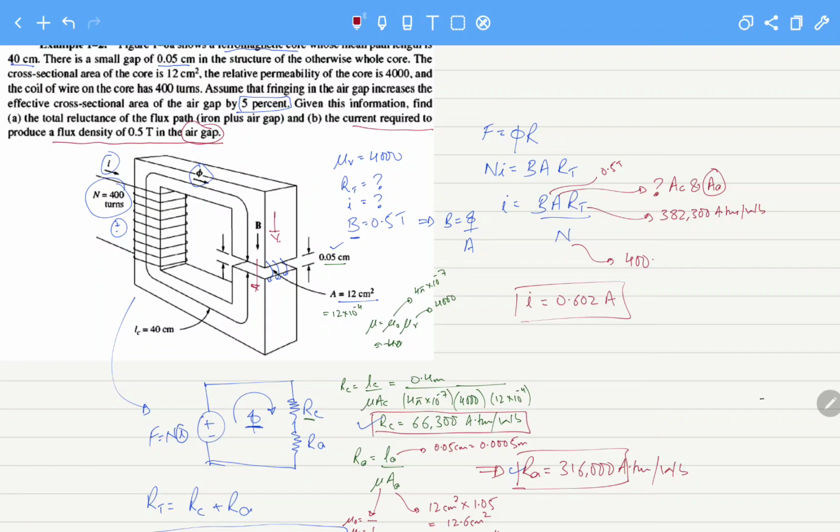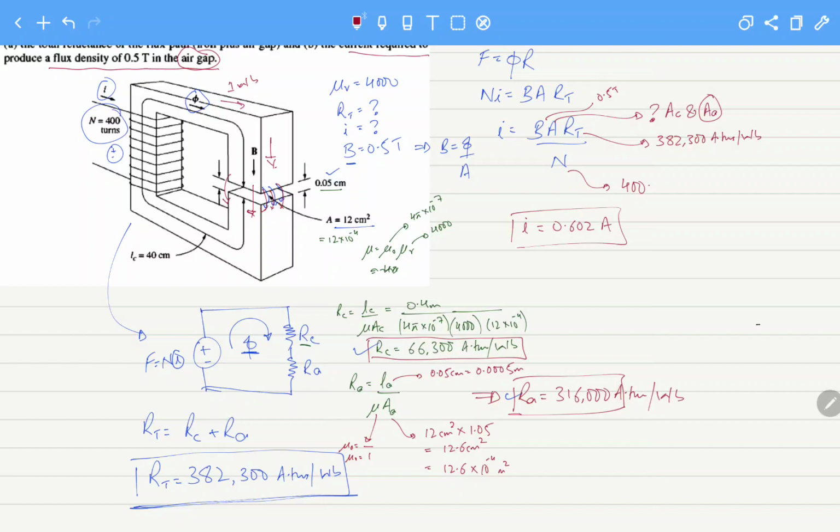If for example 1 Weber of flux is flowing through the core, the same flux will also flow through the air gap, but the lines will bulge out, so their area will increase but the flux will remain the same. Okay, students, I hope it helps. Thank you.